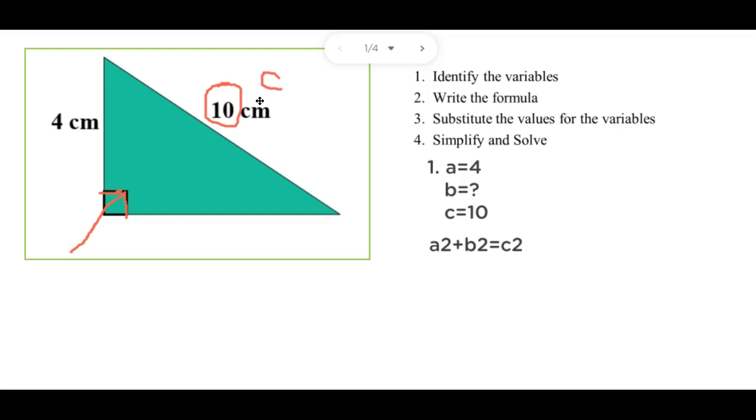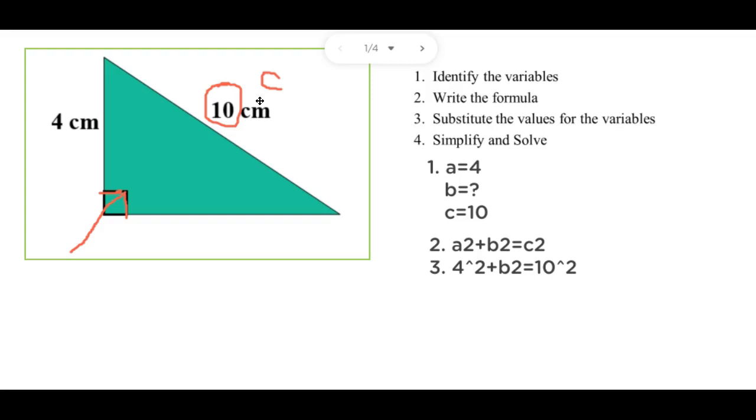So this is step 2. Step 3, substitute those values for variables. You end up with 4, and I'm going to use an arrow here so it doesn't look like 42. 4 squared plus B squared equals 10 squared.